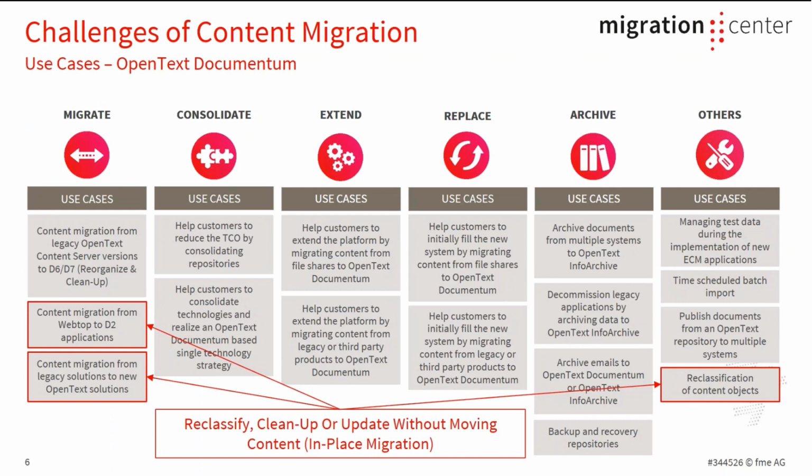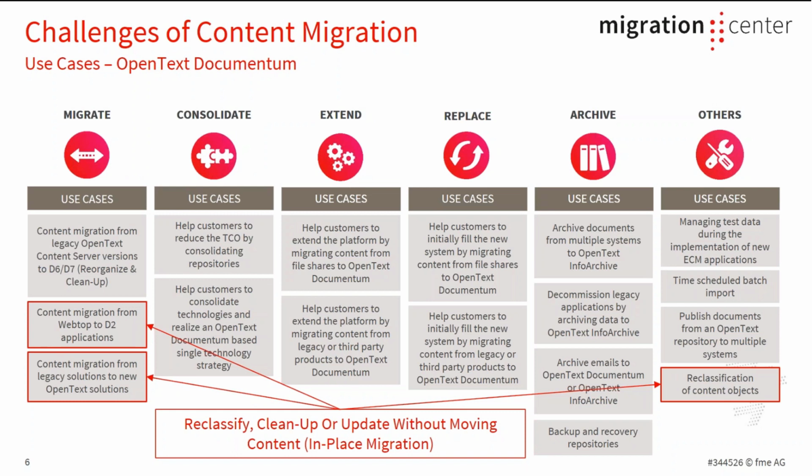Okay, so when we talk about challenges of content migration, especially in the OpenText Documentum space, we find a lot of different use cases which are typically addressed by our customers. So we try to separate that in different areas. These are the classic migration scenarios, like moving content from an outdated version to a new repository version, for example, from 5.3 to D7 or from 6 to 7.